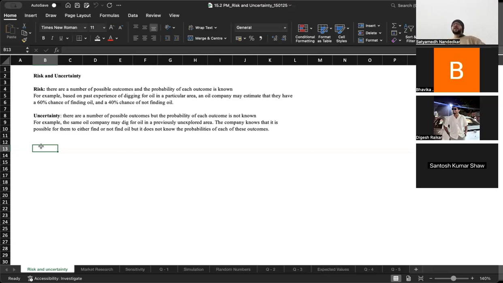But if you start oil extraction in the sea, there are certain parts where there is a higher chance of you getting oil. There is an 80% chance of you getting oil, 20% chance of you not finding oil. When you are assigning a probability to different uncertain outcomes, that is known as risk.